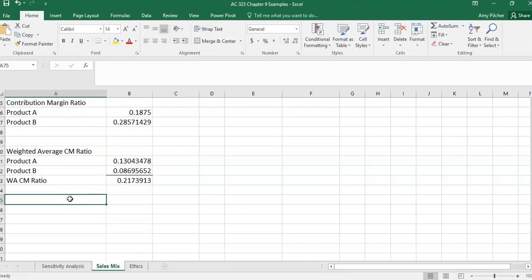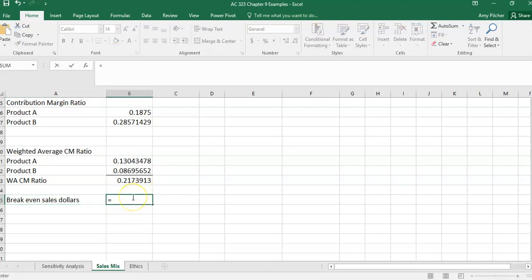To find out the break even in sales dollars, we take the fixed cost of 400,000 divided by the weighted average contribution margin ratio. We need $1,840,000 in sales in order to break even.